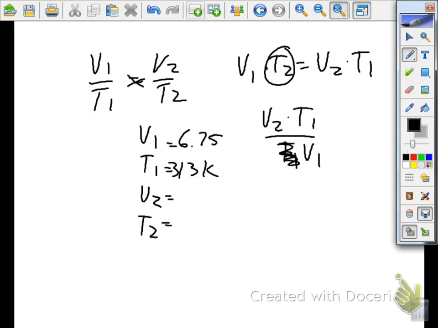Okay, and then V2 is 5.03. And then we're solving for T. And when you plug them in, it would be 5.03 times 313 divided by 6.75. And then you'd get an answer of 233. Okay?